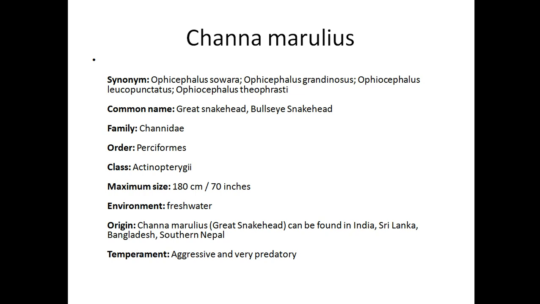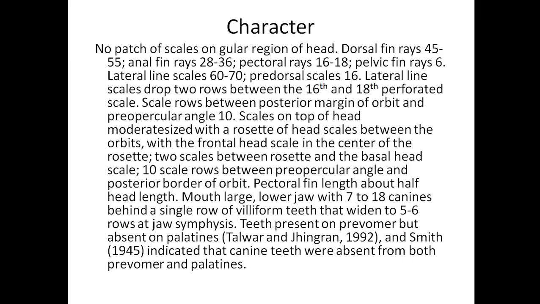It can grow up to 1.80 meters, almost 2 meters. Channa marulius, great snakehead, is found in India, Sri Lanka, Bangladesh, southern Nepal, and this is one of the most aggressive and predatory fish in the freshwater.